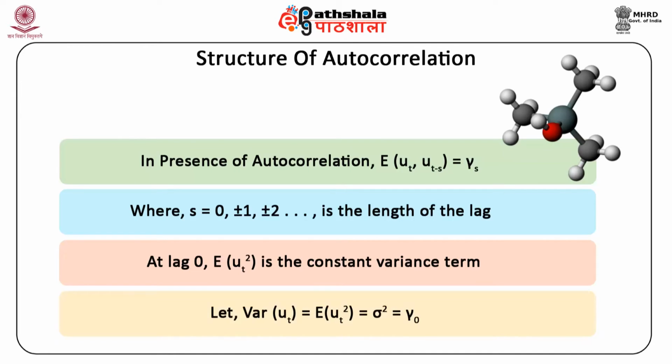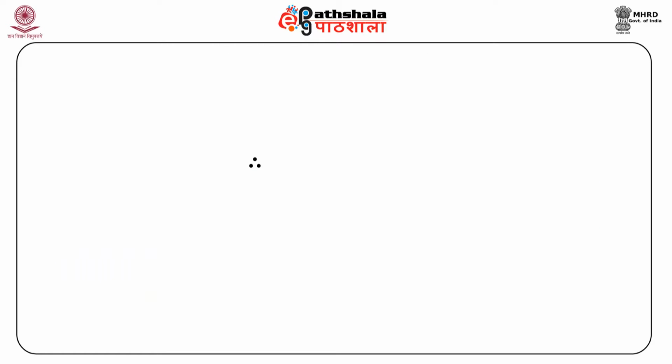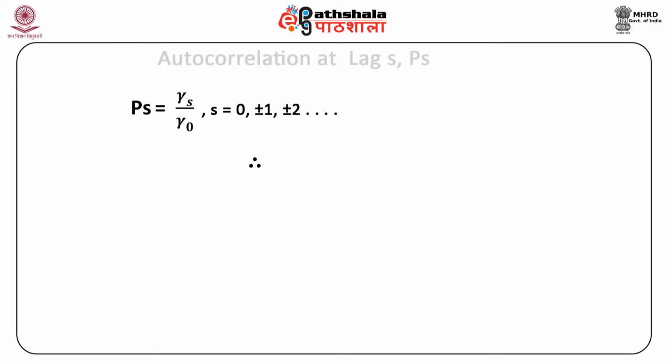Let the variance of u_t, which is the expected value of u_t squared, be equal to sigma squared, which is also denoted as gamma_0. Autocorrelation at lag s, rho_s, may be defined as rho_s equal to gamma_s upon gamma_0, where s is equal to 0, plus or minus 1, plus or minus 2, and so on.